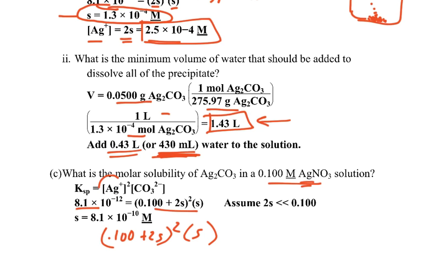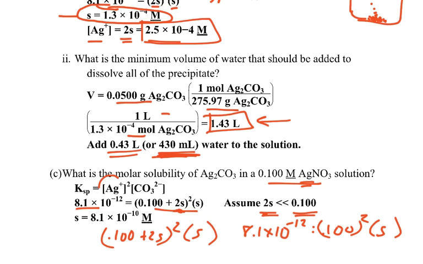Now, in order to solve that easily, if you have a big calculator and you can solve that, go for it. Okay, but we can also assume that that 2S is much smaller than 0.1, and that's going to be a very good assumption. So if that's true, then we can make this equation turn into the Ksp 8.1 times 10 to the negative 12 equals 0.1 squared, okay, times S. Okay, so we're just getting rid of that 2S right there because it's really small.